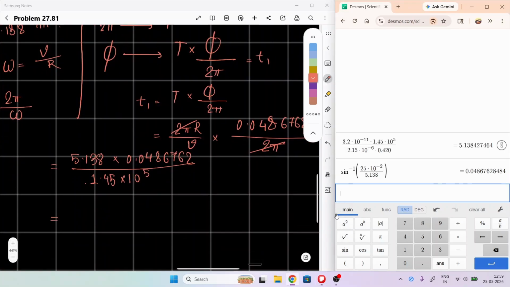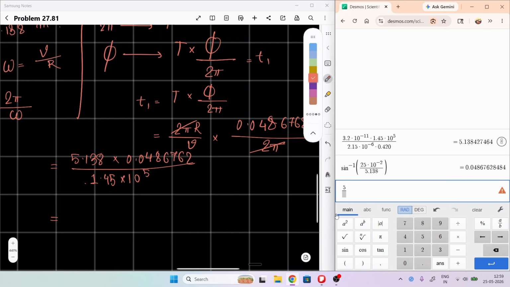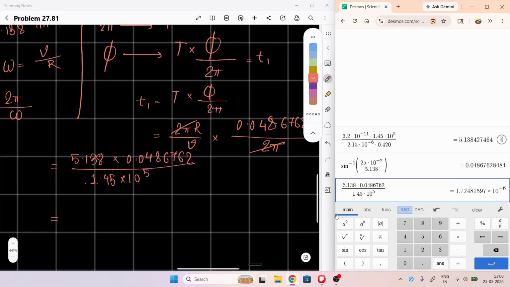Let's calculate it. 5.138 into 0.0486762 by 1.45 into 10 raised to 5, which is approximately 1.72 into 10 raised to power minus 6 seconds.